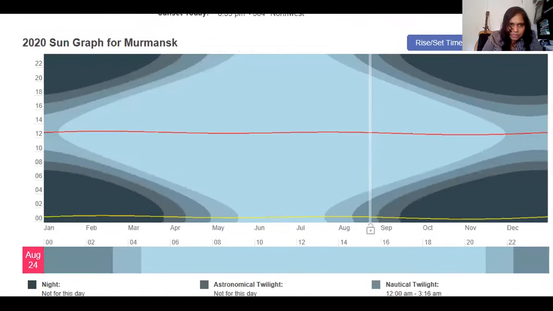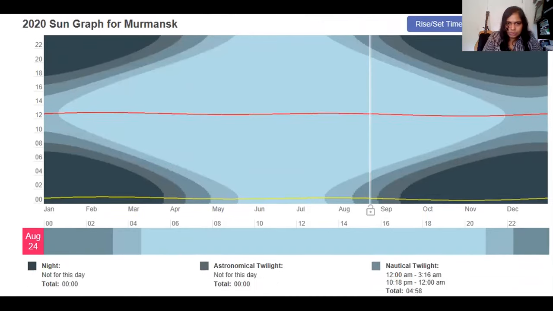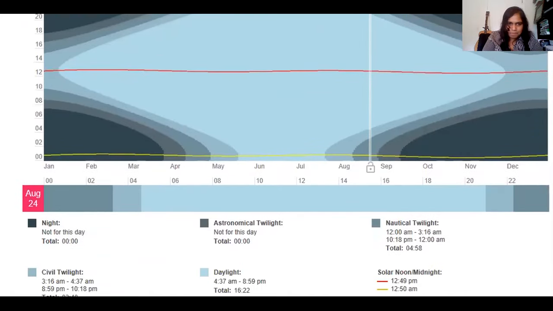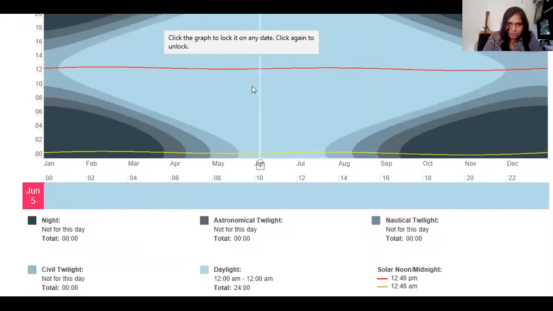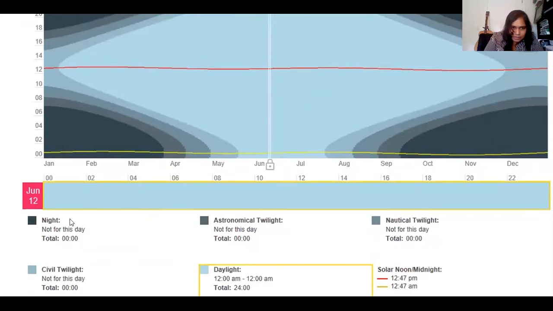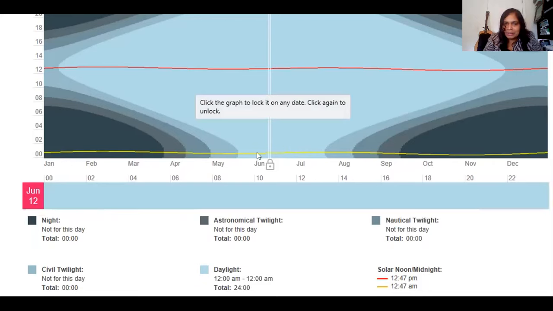This is the 2020 sun graph for Murmansk. The light blue color represents the daytime. If you go to somewhere in June, what do you see? The nighttime, not for this day. They don't have a nighttime in the month of June or July, somewhere here, right?